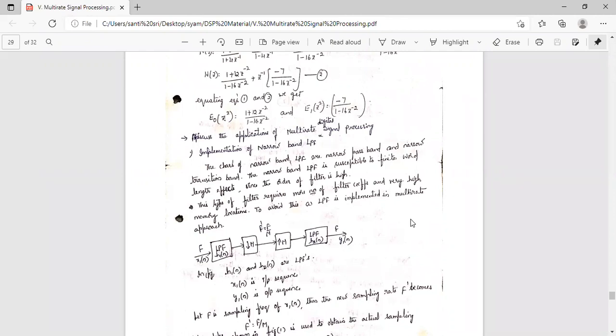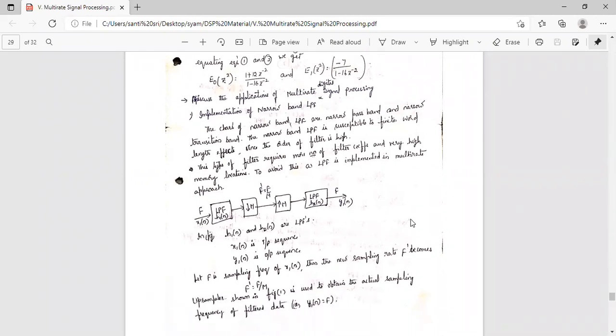Here H1(n) and H2(n) are low pass filters, right? X1(n) is the input sequence and Y1(n) is the output sequence. Let F be the sampling frequency of X1(n).